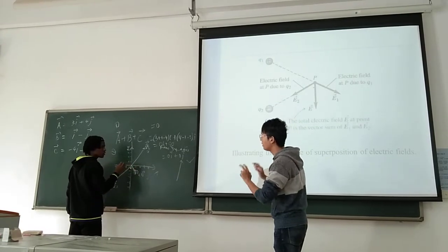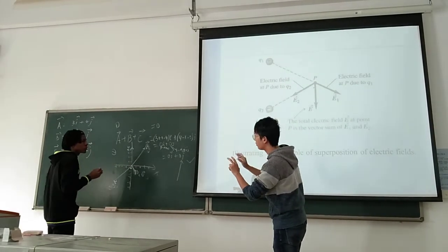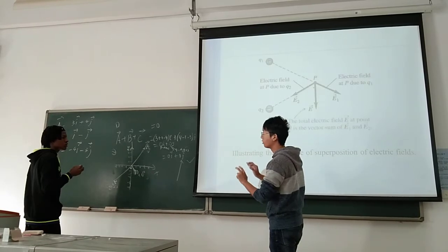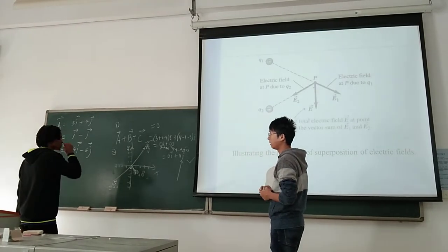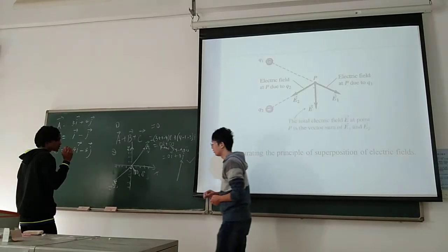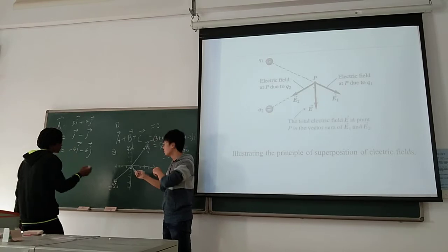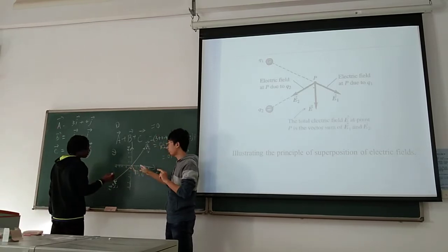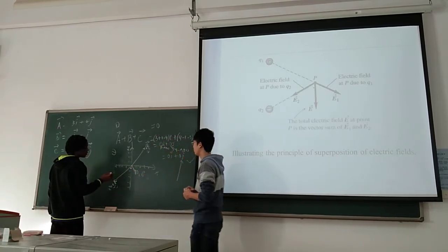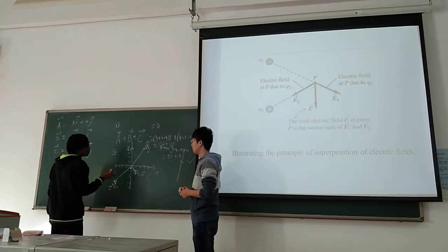What does it mean if the superposition of these three vectors equals 0? What does that mean?